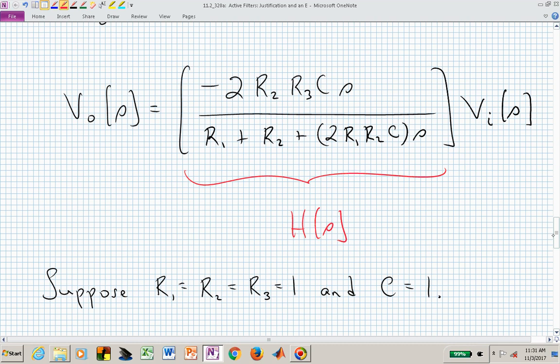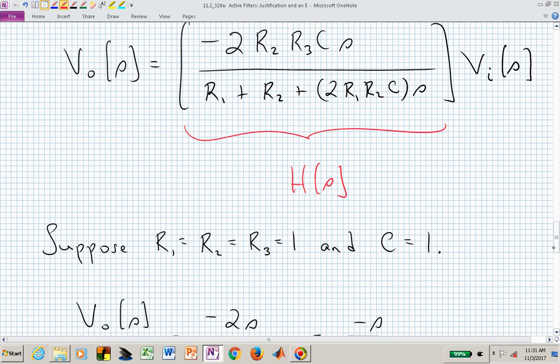Suppose we go ahead and just introduce some particular parameter values for the R's and the C. Suppose we make them all equal to 1. That helps reduce some of the coefficient workload in this case. Now the R2, R3C product collapses. That's just 1.